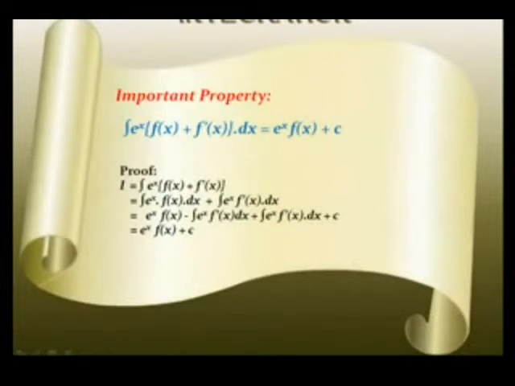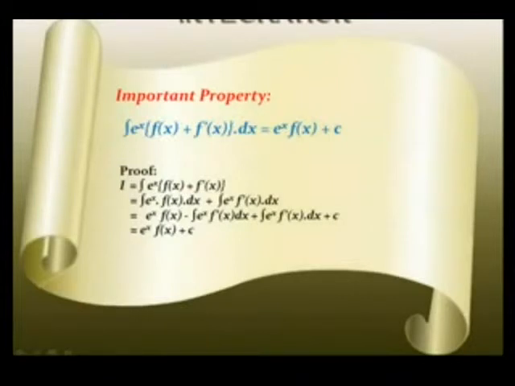Let I be equal to integral of e to the power of x into fx plus f dash x. Now we can very well split this term as integral of e to the power of x into fx into dx plus integral of e to the power of x into f dash x into dx.